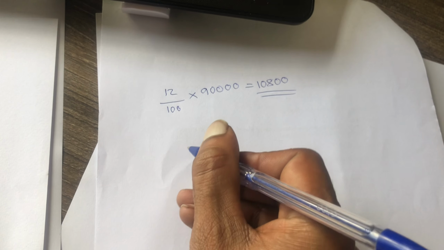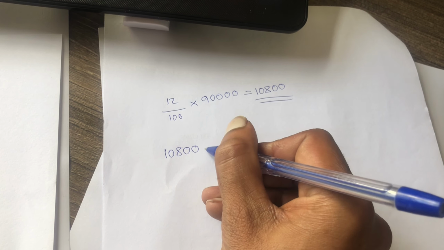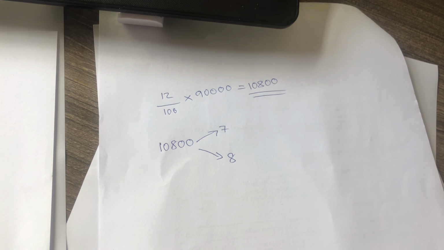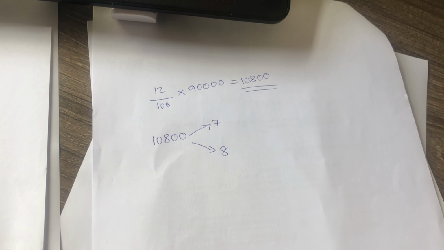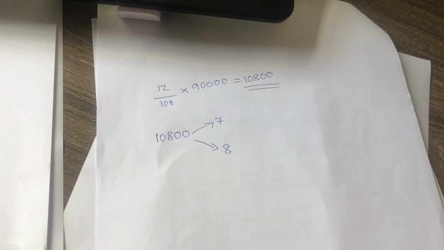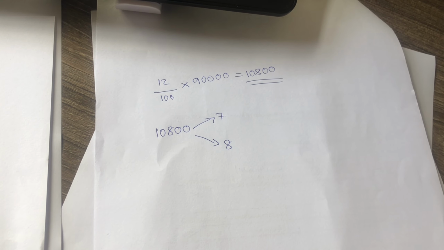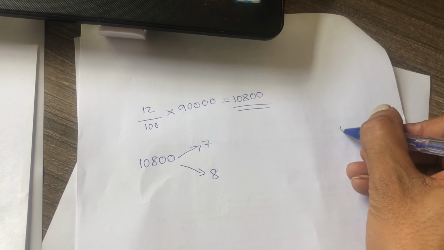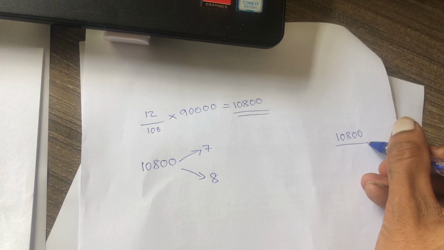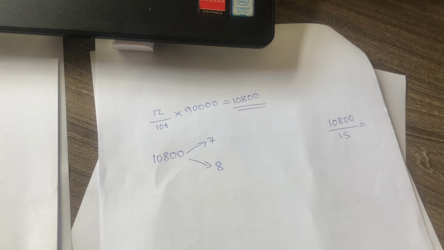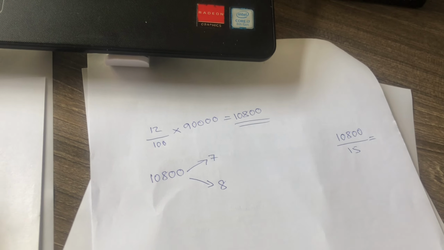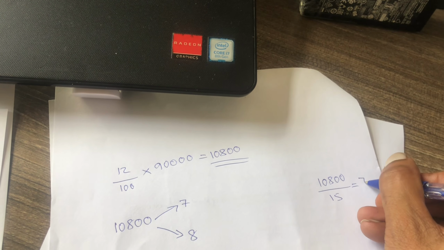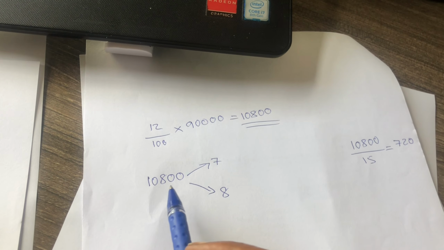We distribute the 10,800 in the ratio 7:8. Adding 7 and 8 gives 15. So 10,800 divided by 15 is 720.